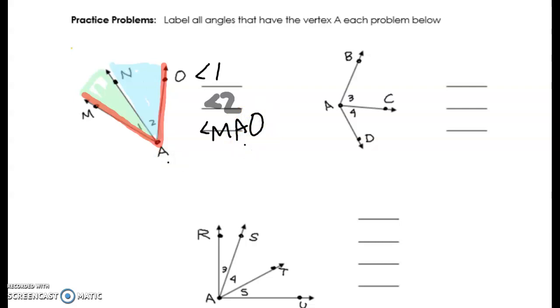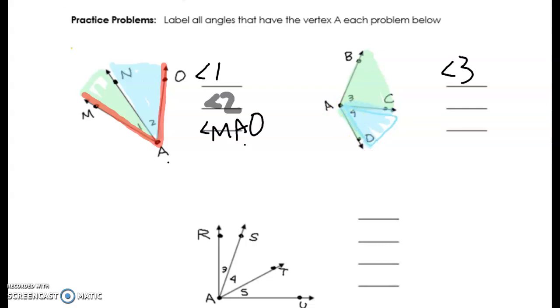Looking at the second example here. Here's an angle. Ask yourself, what's the easiest way to label? By the 3. And if I'm looking at the other little angle in here, angle 4.